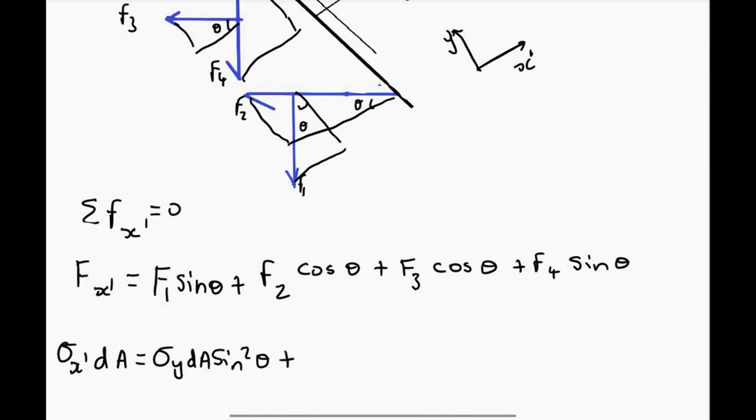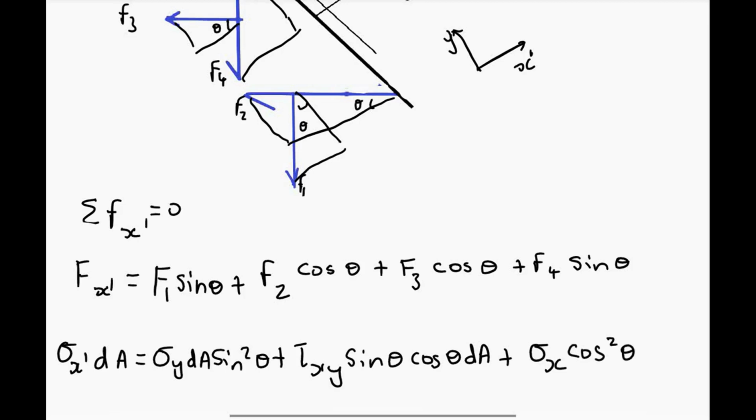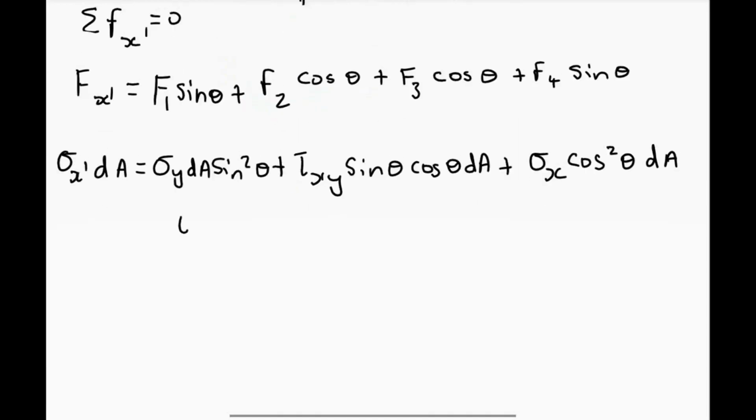F2 is tau xy sin theta cos theta dA. My F3 was sigma x cos squared theta dA, and my F4 is tau xy sin theta cos theta dA.